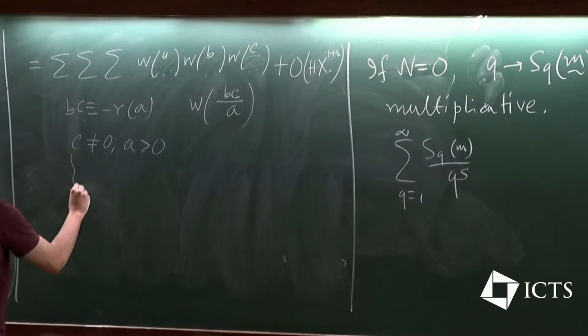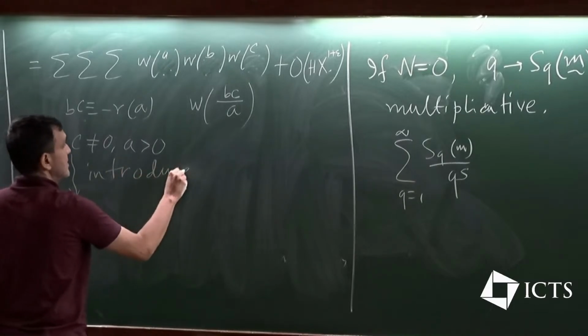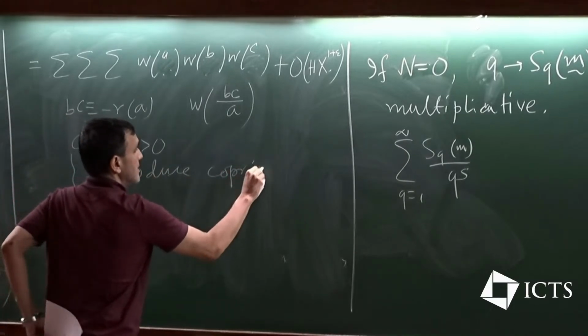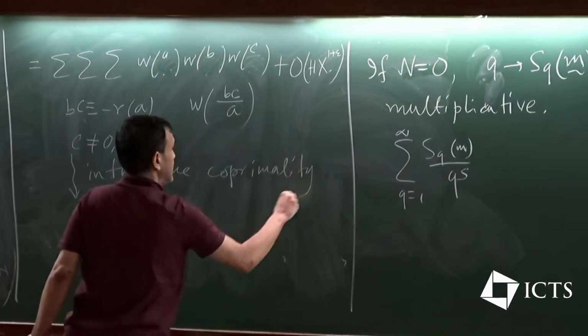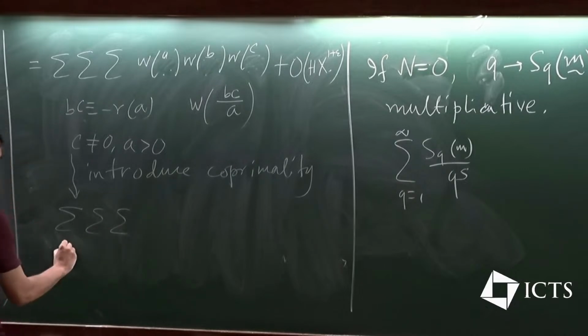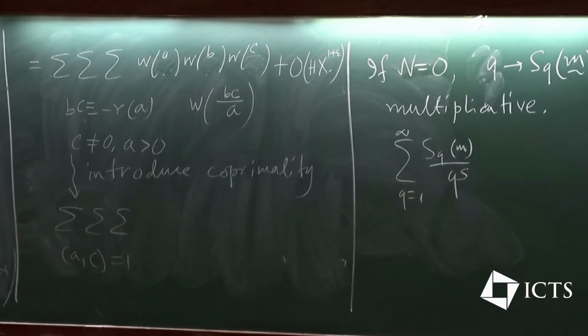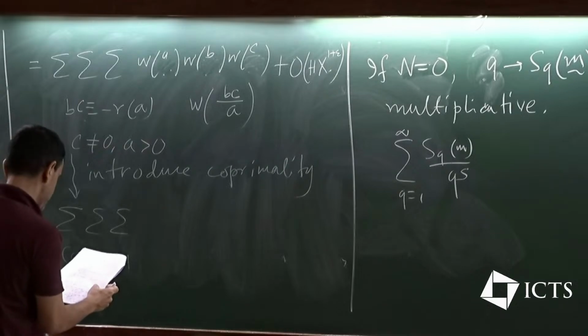So you can introduce coprimality. So here you can put A and C coprime, because if they are not, you divide by a divisor and so on. So that will give you that.